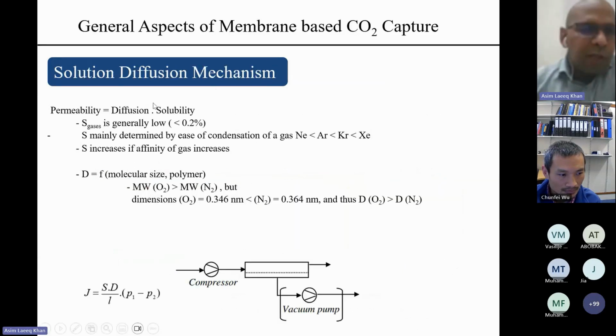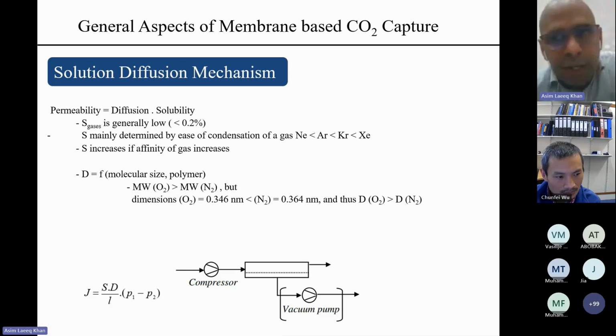The solution diffusion mechanism is driven by both sorption or solubility as well as diffusion that takes place between the feed and the permeate side, so we have to be very careful when we are predicting the permeability. The solubility of gases is generally very low in polymers. However, CO2 is a highly condensable gas.